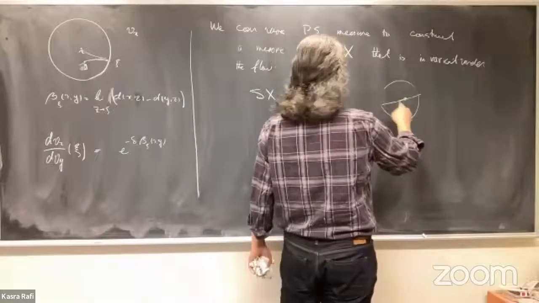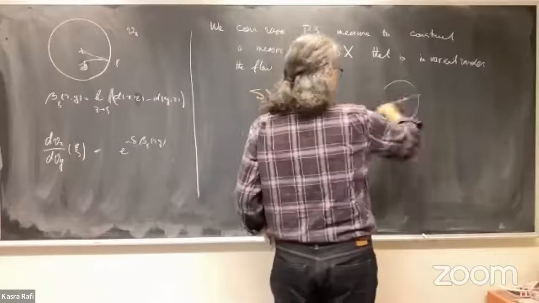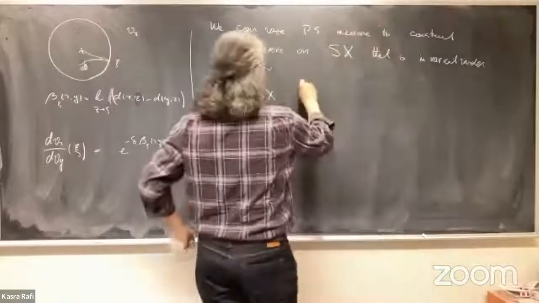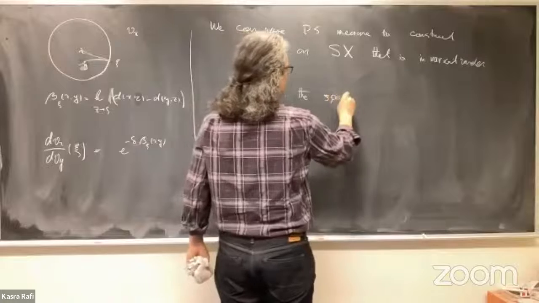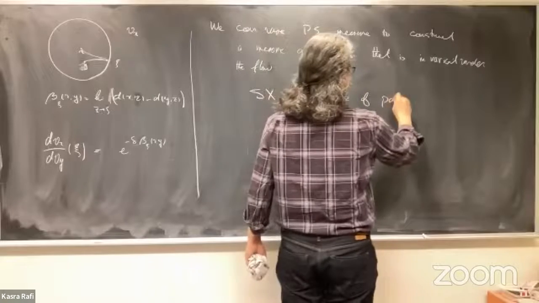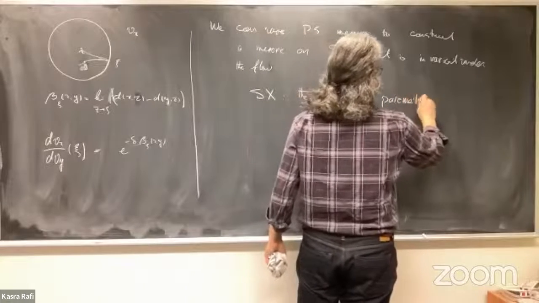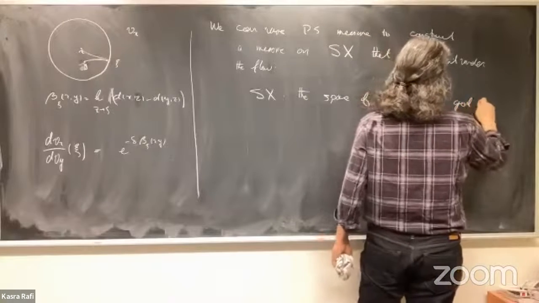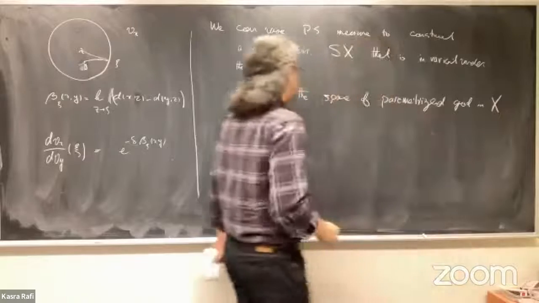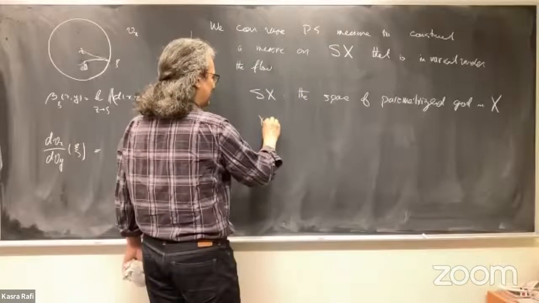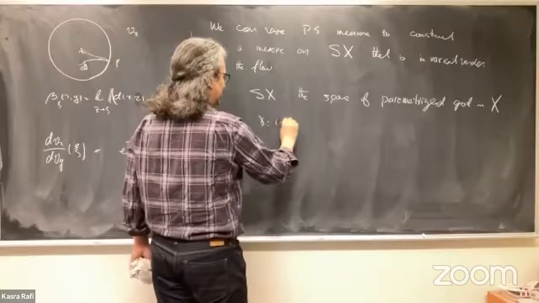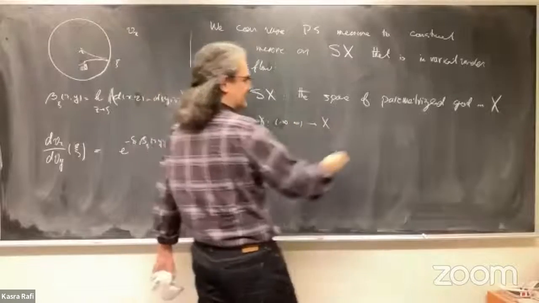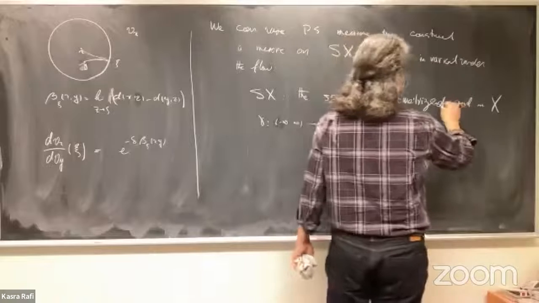So instead of doing that, I just pick this exact thing and say that's the point in here. So this is the space of parametrized geodesics. If you have a gamma, which is from negative infinity into X, and it's parametrized by arc length.